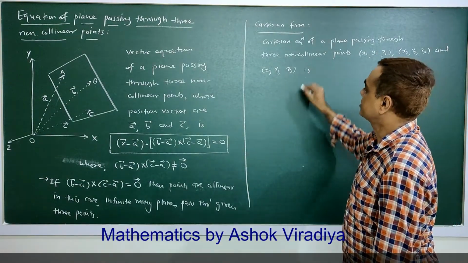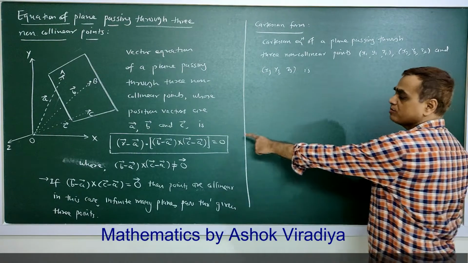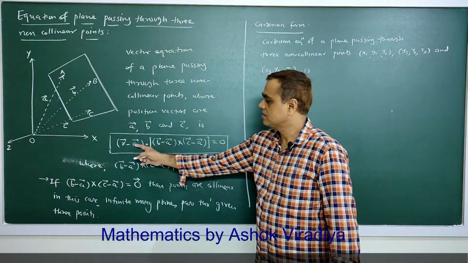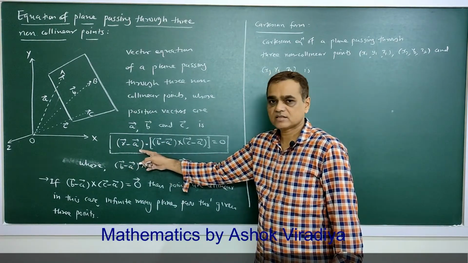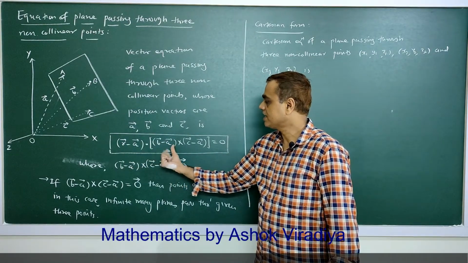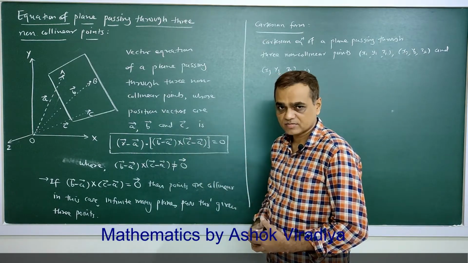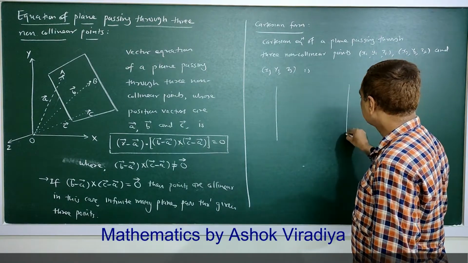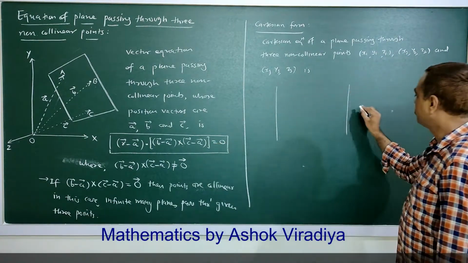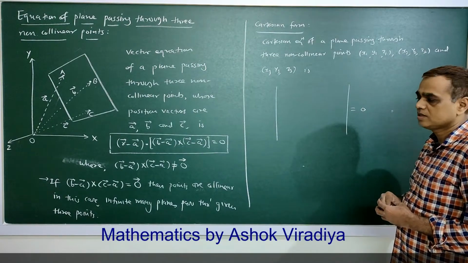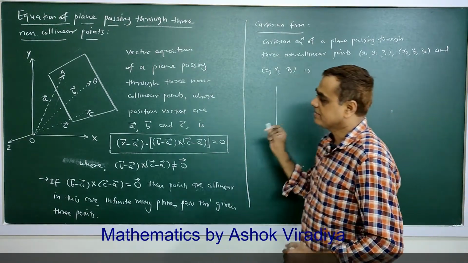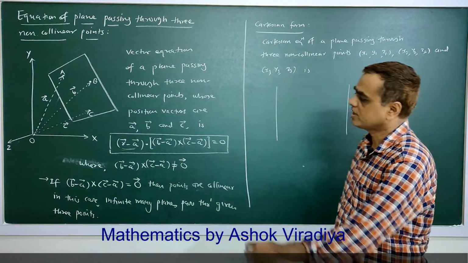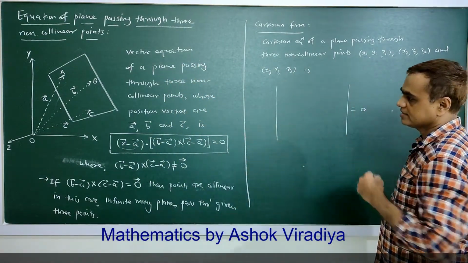So the equation is, now see, you can remember the equation from this result. Suppose this is vector x dot vector y cross vector z. So keep a determinant, I am putting here a determinant equal to 0. In the first row we keep the components of vector r minus vector a.